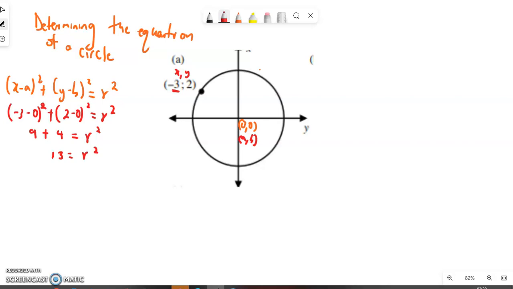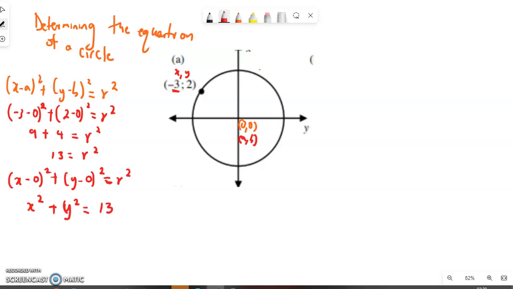Therefore the equation is (x minus 0) all squared plus (y minus 0) all squared is equal to r squared. So x minus 0 is x, so this is x squared plus y squared is equal to the value of r squared, which is 13.